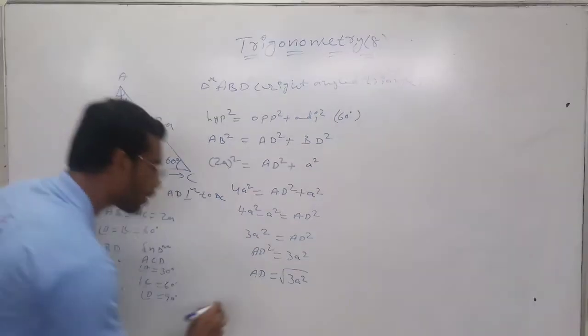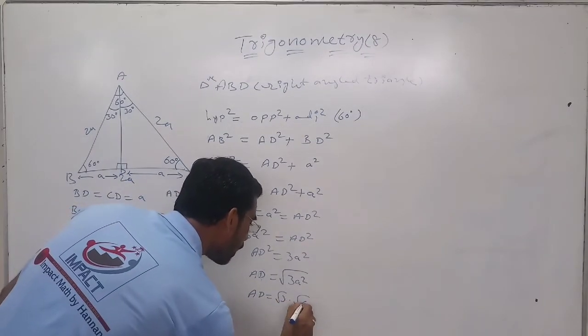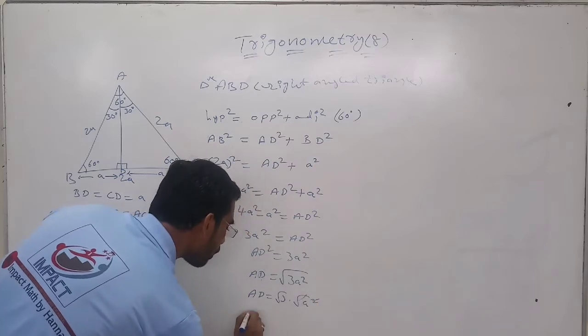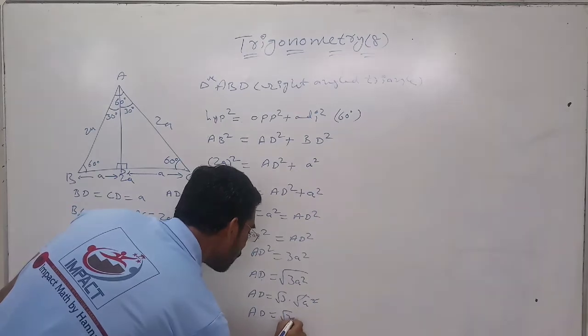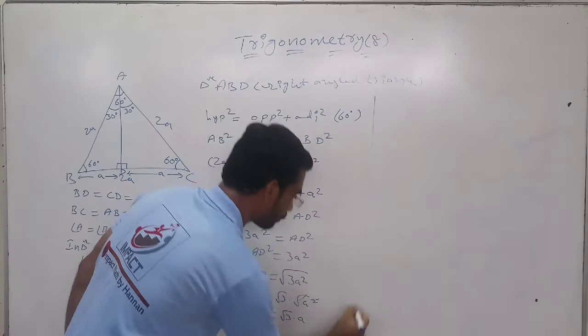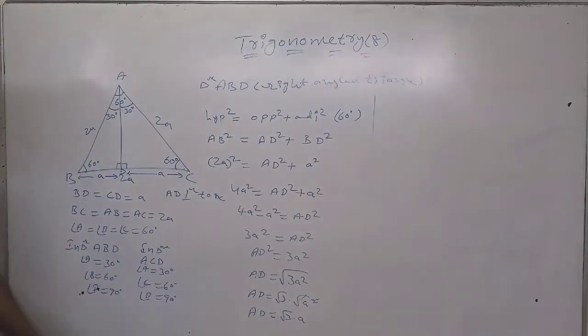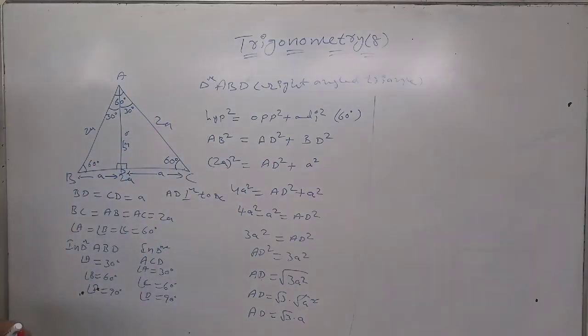If I want to take out the root, AD is equal to root 3 into root a square. Square and root get cancelled. So AD is equal to root 3 into a. AD we got. How much is it? Root 3a. Okay.